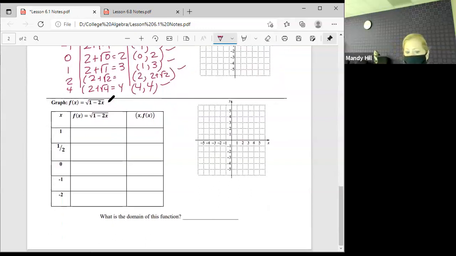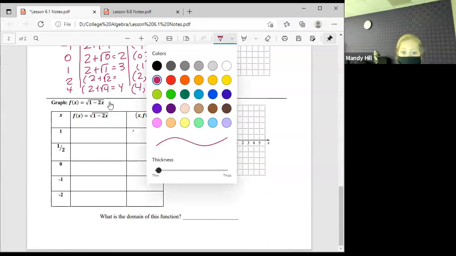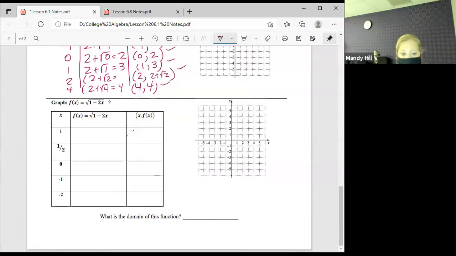It's basically just plugging in what they tell us to plug in, finding the answer, plotting the points, and talking about the domain. So f of x equals the square root of 1 minus 2x. They're telling me already what they want me to use for my x value. They're saying use 1, 1/2, 0, -1, -2.